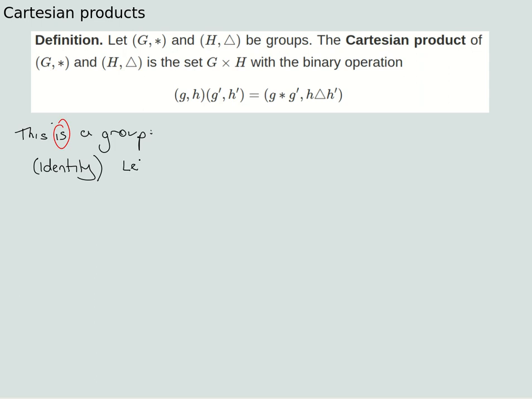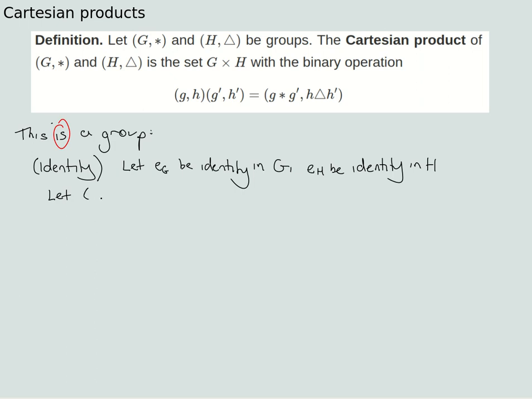So let's let e_G be the identity in G and e_H be the identity in the group H. I claim that the ordered pair (e_G, e_H) is going to be the identity, so I have to check that it behaves like the identity.